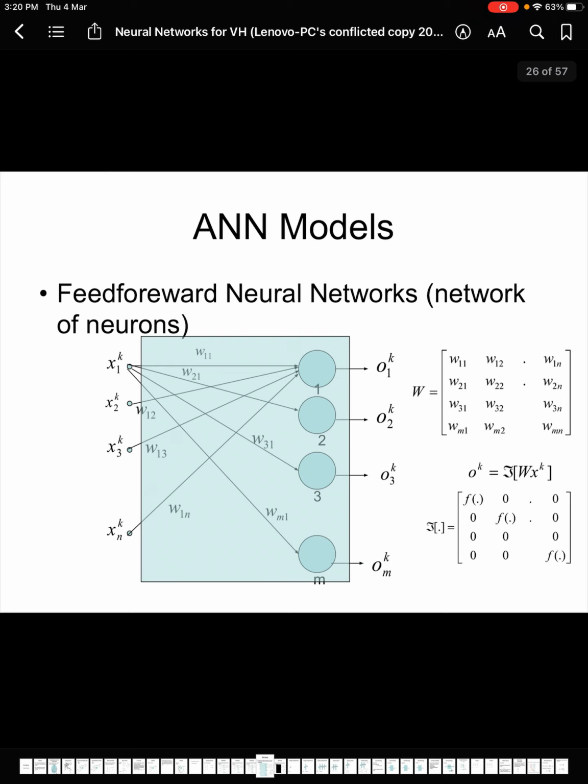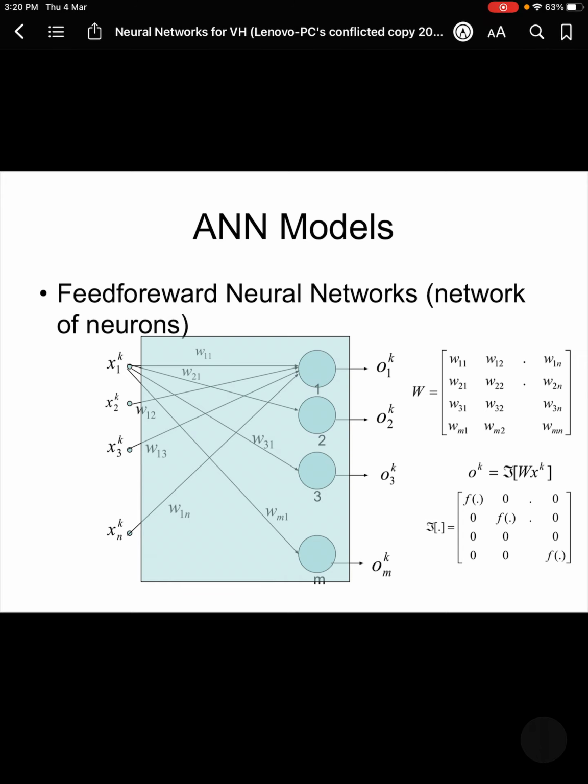Now sometimes this mapping from input to output is done and we are not interested in what is inside. Inside this network is basically said to be a black box. This is basically a mapping of this set of inputs to the output space.